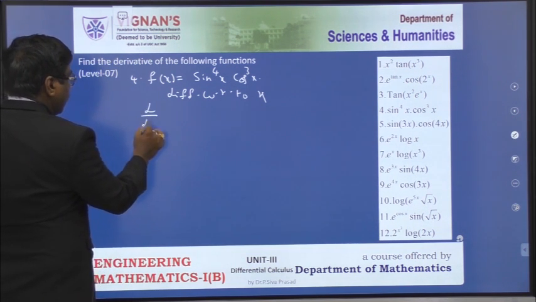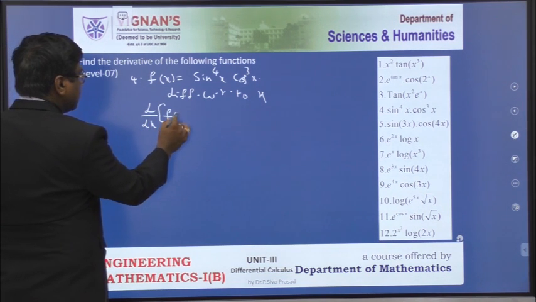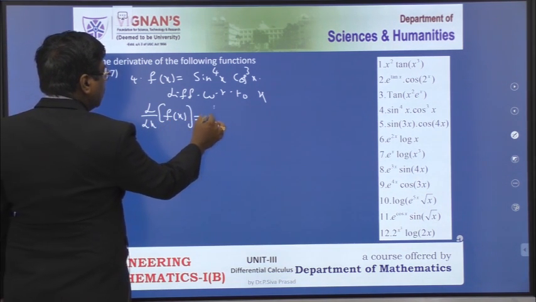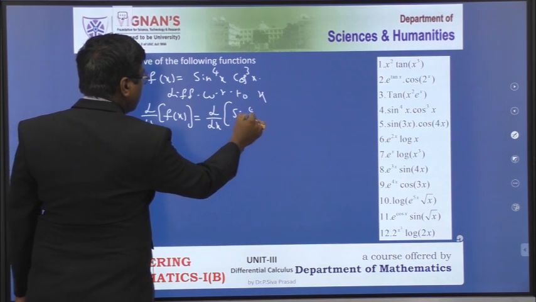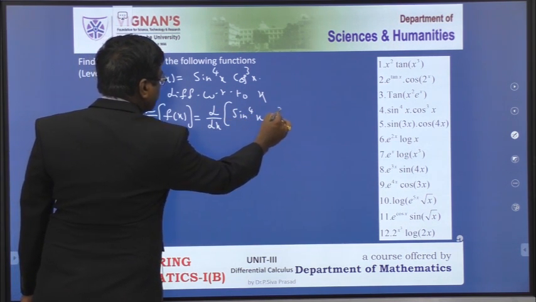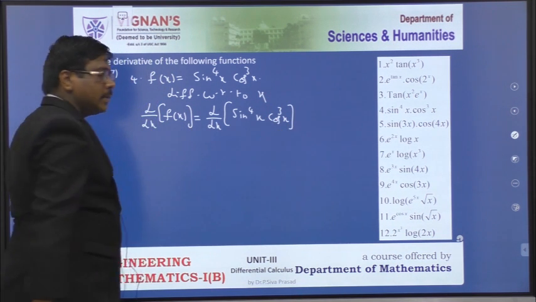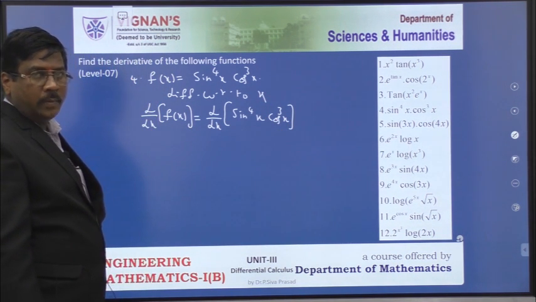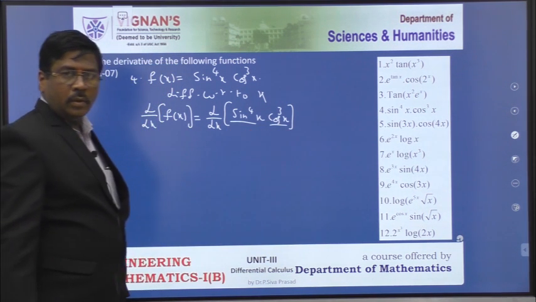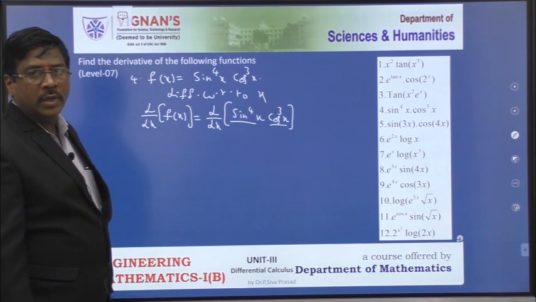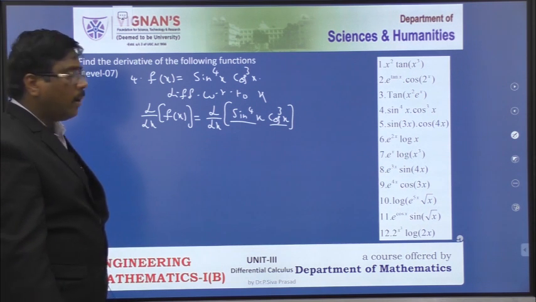That means d by dx of f of x is equal to d by dx of sin to the power of 4 x into cos cube x. Assume this one to be u and this one to be v. While you have to perform the product of the two functions, we can apply the UV formula.